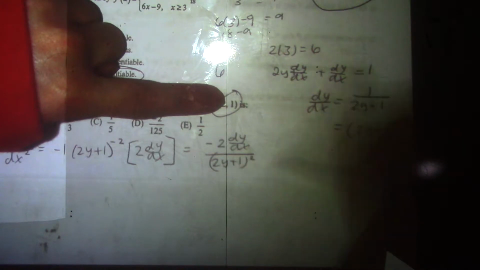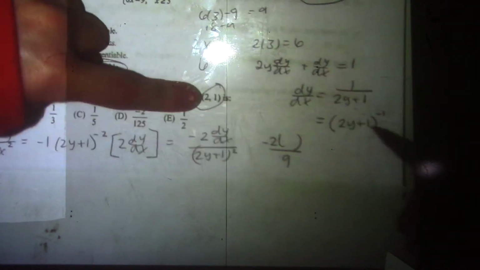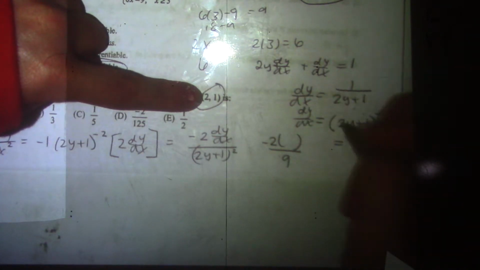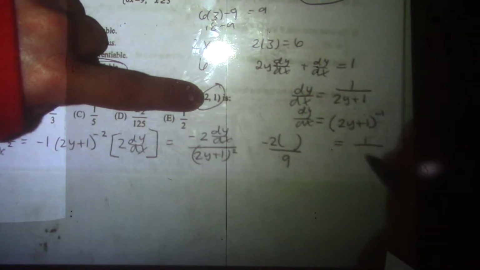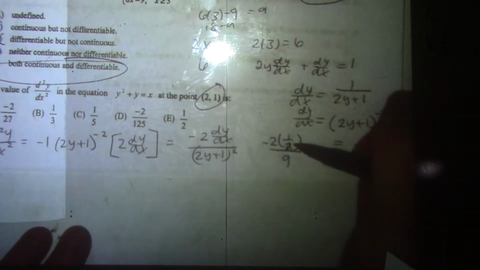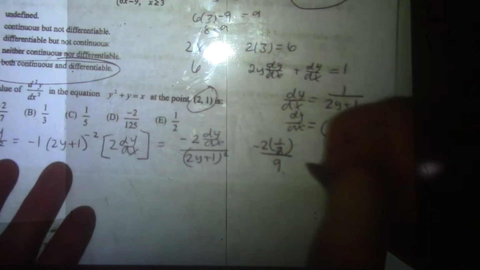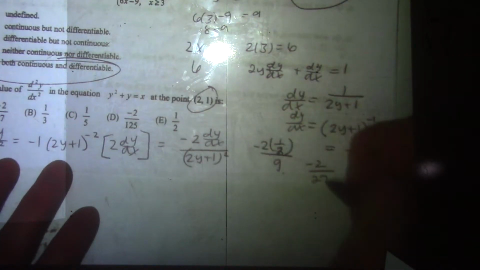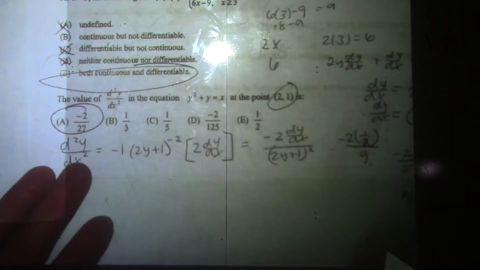And then I just want it at a point, so I'm going to plug in y is 1, so that would be 2 times 1, plus 1 is 3 squared, so this is over 9, negative 2. Now dy/dx is this right here, so let's just plug in, this is 1 over, when y is 1, 1 over 3. So I've got negative 2 times 1/3 over 9, so that's negative 2 over 3 times 9 is 27 on the bottom, so that's A.